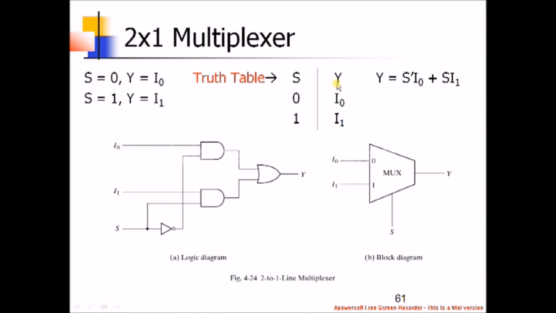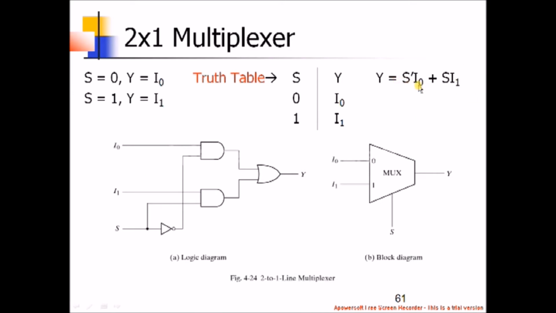Now this is the truth table for the 2x1 multiplexer. As you have the truth table, we can easily get the Boolean expression. I have plotted this truth table on the K-map and got this expression: Y equals S complement I0 plus S I1. As I have the Boolean expression, now I can implement the logic gate design.